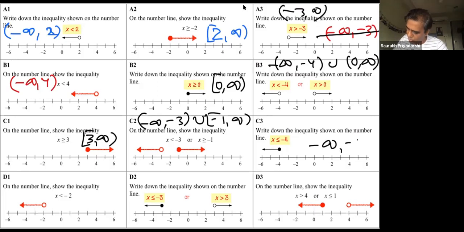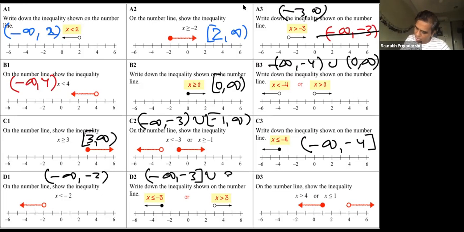Minus infinity to minus 4, and this is minus infinity to minus 2, and minus infinity to minus 3, union 3 to infinity, right? And minus infinity to 1, union 4 to infinity, right? And in this case, x is greater than, so it's starting from minus 3 and going up to infinity, right?